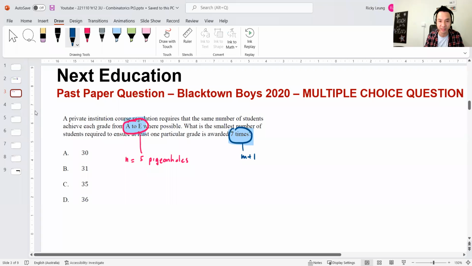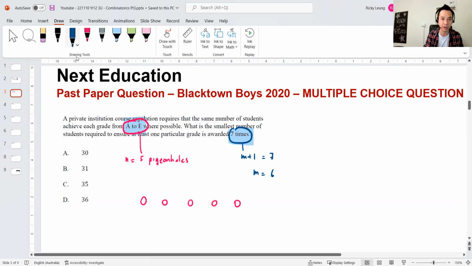In terms of the layers, if m plus 1 is 7, the number of layers is 6. If you picture the 5 pigeonholes of A, B, C, D, E, I need to place students into each pigeonhole 6 times. There's a layer of 6.